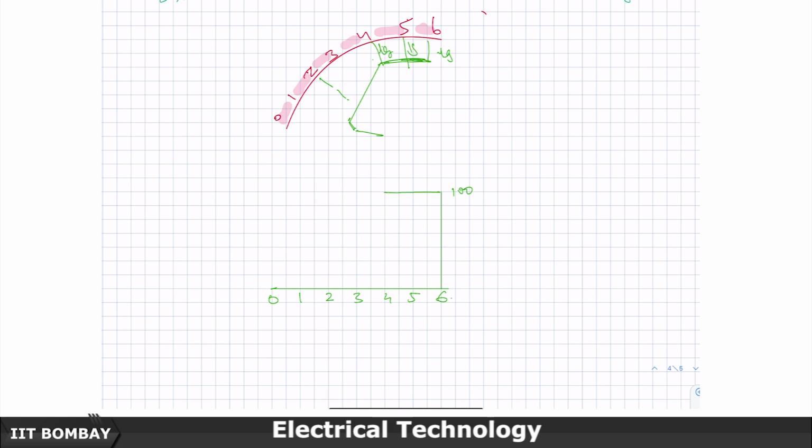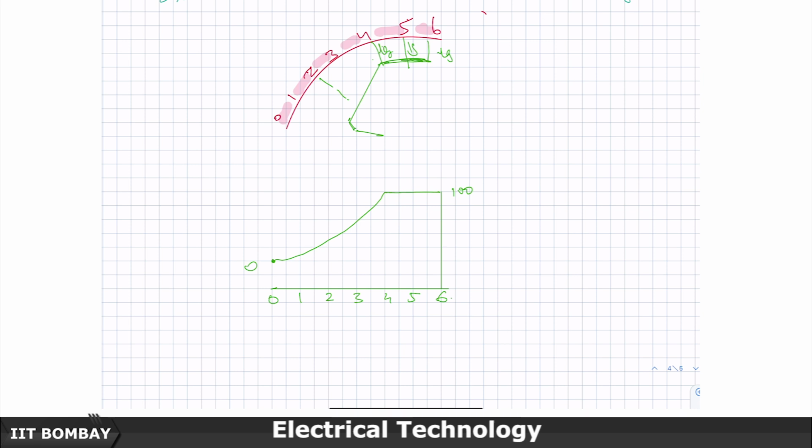Then up to 4 I get something like this, and because the taper is increasing, the B will keep reducing.